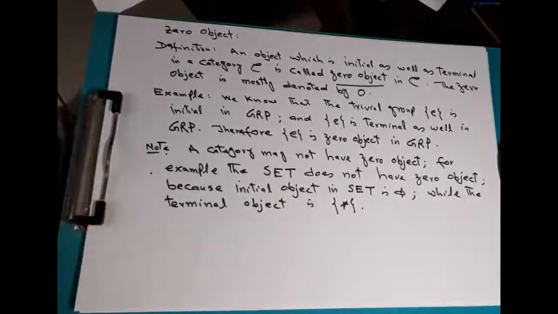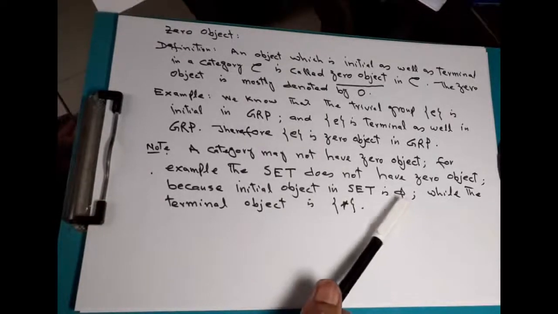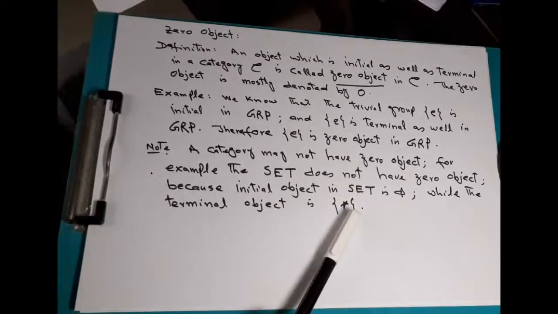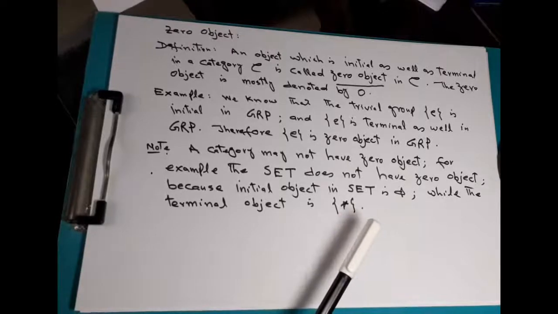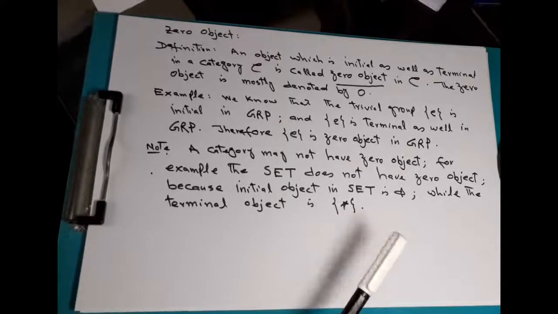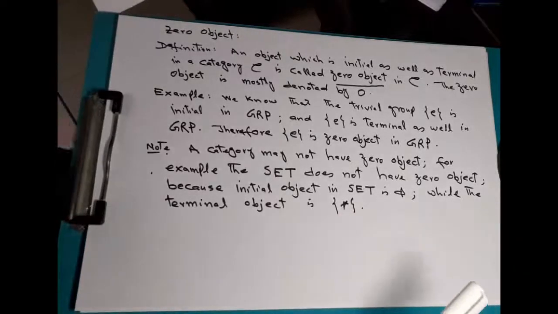So in this case, the initial object and terminal object are different. So in the category of sets and functions, there is no zero object.